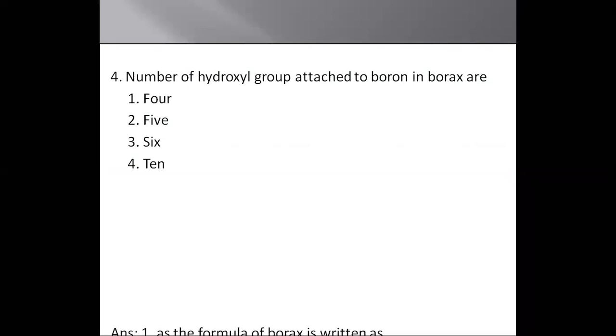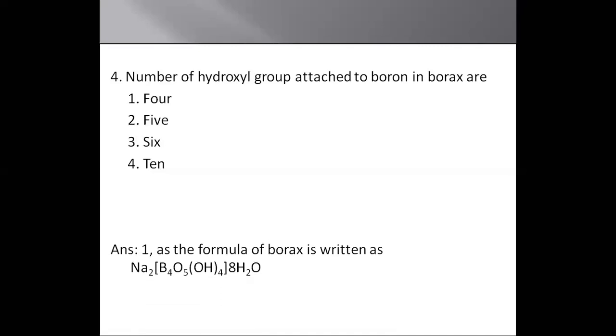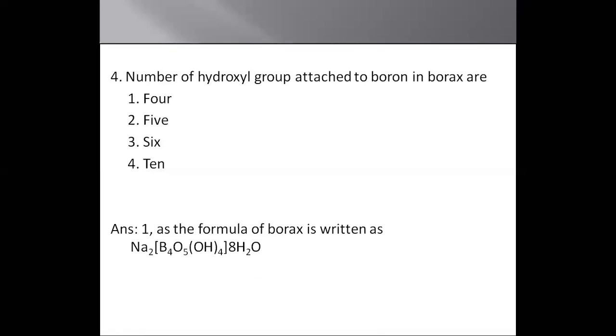The formula of borax can be written as Na2B4O5(OH)4·8H2O. So how many OH are there in its formula? 4. So the answer comes to be the first one. If you know the chemical formula of borax, then this answer can be easily given.